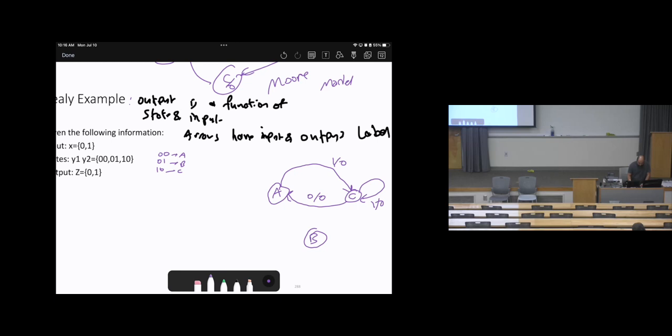Then here is 0 over 1, and here is 1 over 1. Here is 0 over 0. You need to be aware, look at the arrow directions because these are very important. Now, we have this state diagram written in the Mealy model. Why is it in the Mealy model? Because we see the arrows have the inputs and the outputs on them.